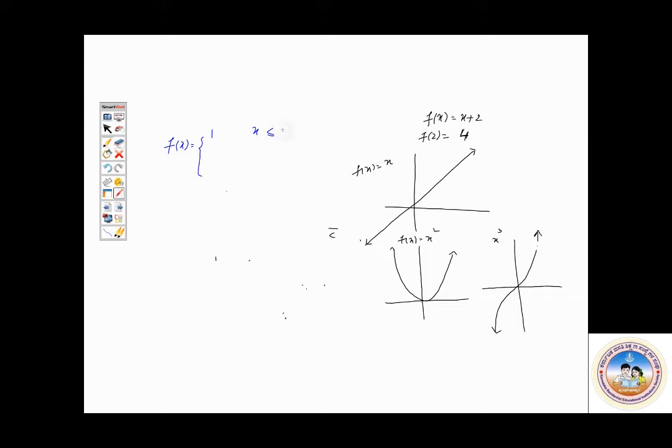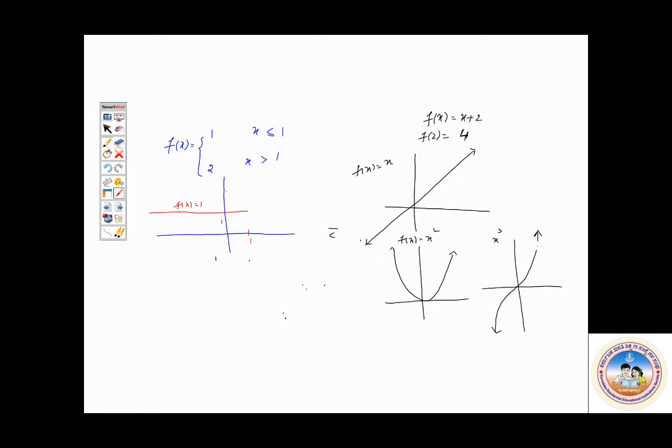If I draw the graph of this function, look at when x is before 1, it is taking the value 1. f of x equals 1 is a constant function. Therefore, this is the graph of the function f of x equals 1. This is up to 1 only, including 1. Therefore, I will put the closed circle.